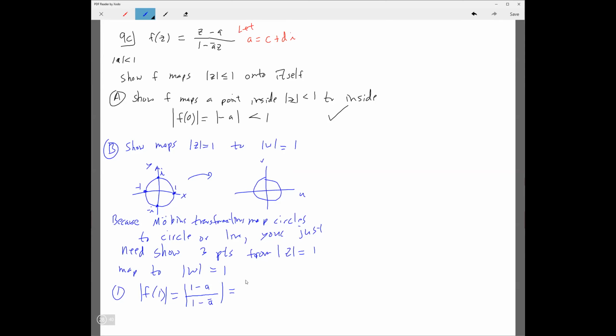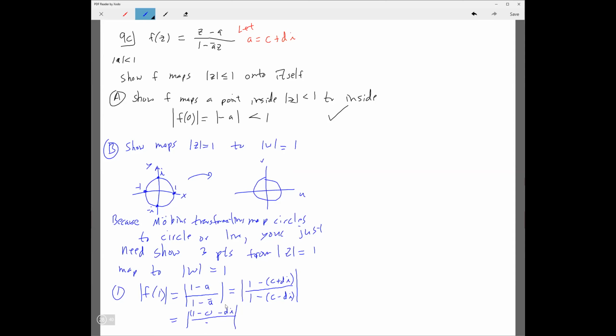So then this is going to be 1 minus c plus di over 1 minus the conjugate. What's the conjugate? C minus di. Yes, perfect. So this is going to be 1 minus c minus di for the numerator.